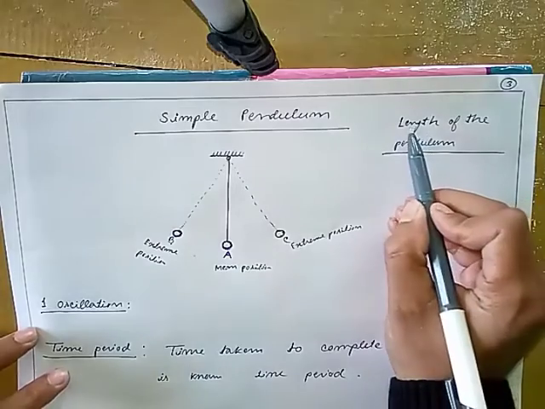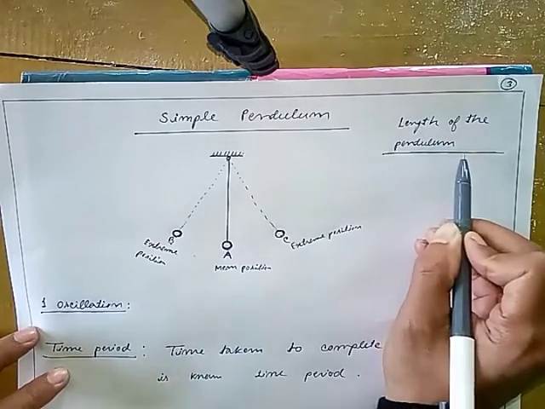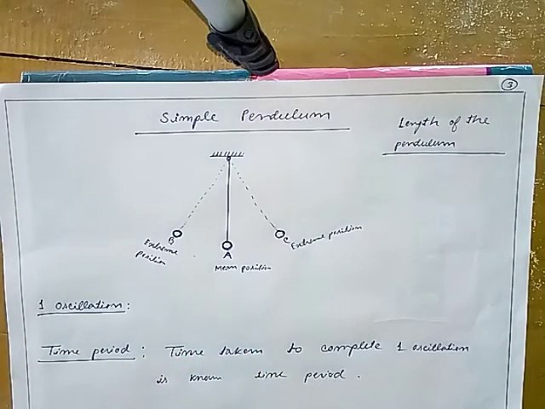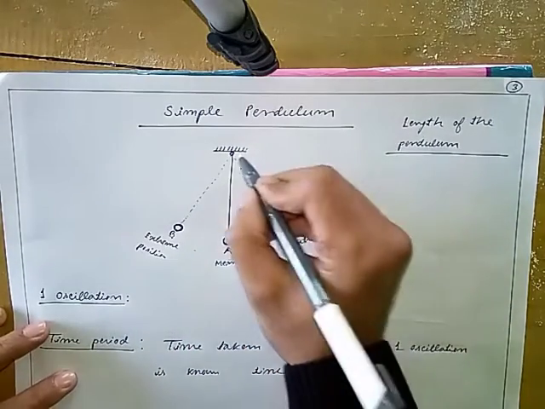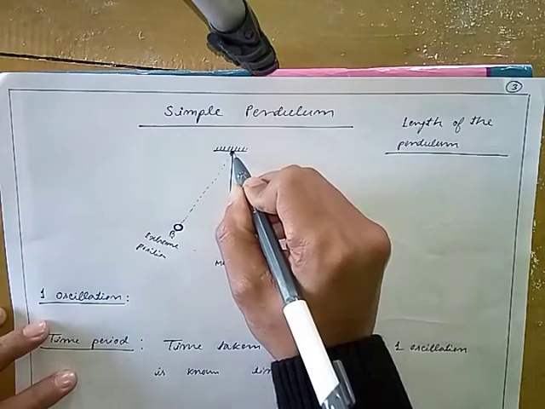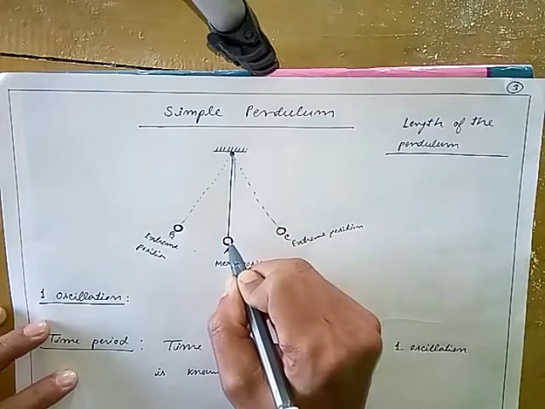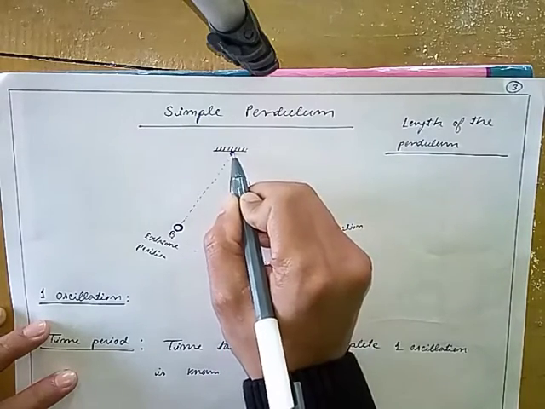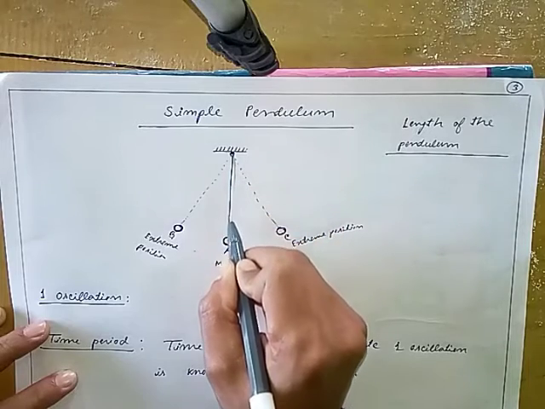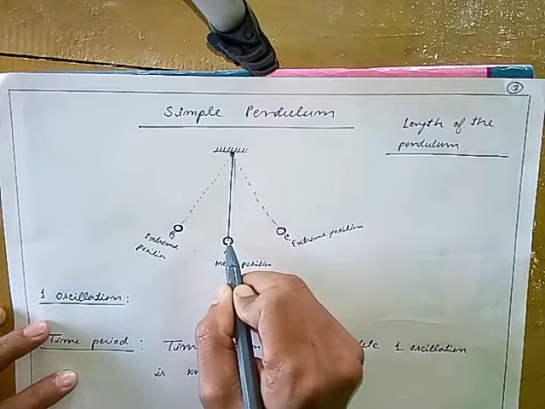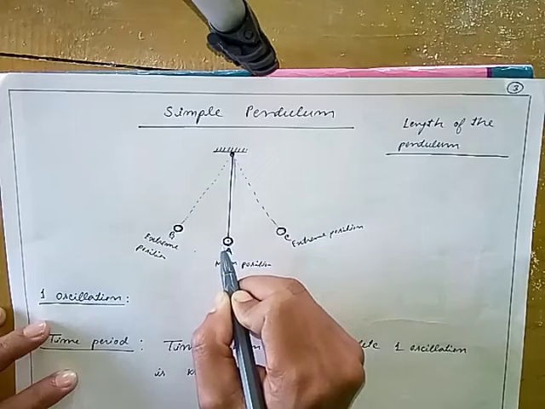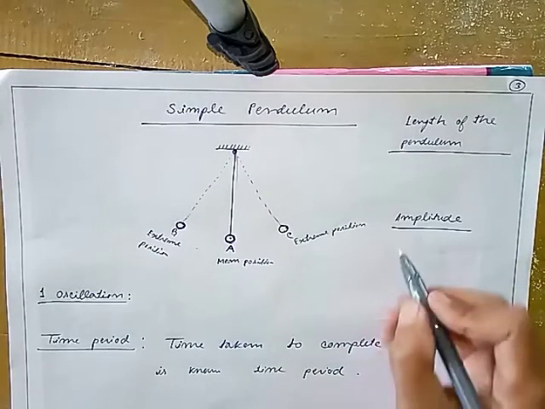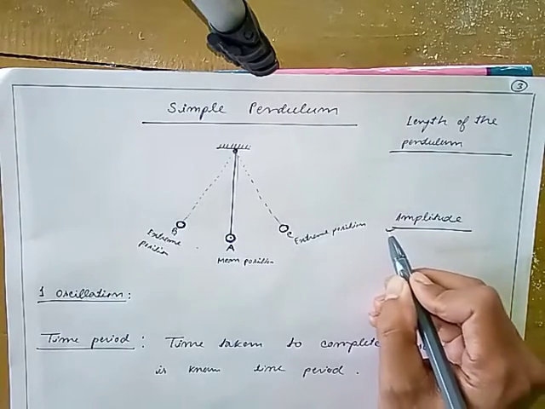And now, the length of the pendulum. In this pendulum, what will be the length? The length will be measured from the point of suspension to the center of the ball. That is called the length of the pendulum. And what is amplitude?